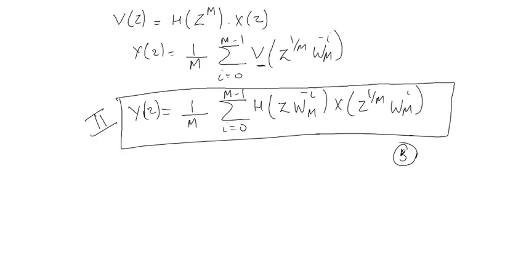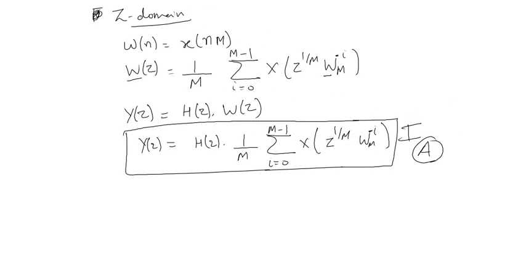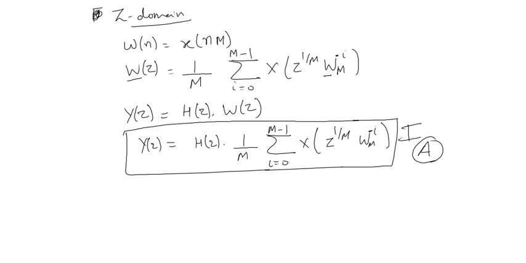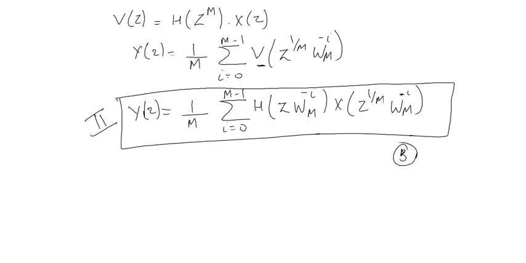What is the change right now? If I show you, h of z is outside here, and this separate factor was there, W of z. Other things are the same. The x factor is the same: x of z to the power 1 by m, W_m to the power minus I. So that factor is the same. Now how can we make this factor outside?